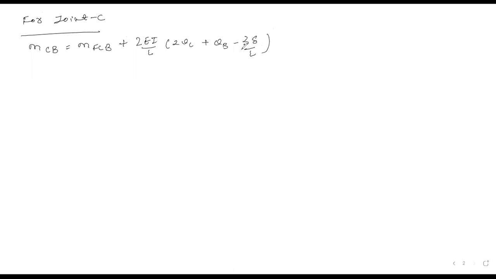Again, your joint C is a fixed one. That's the reason the slope theta C should be 0. No deflection is given. That's the reason delta is 0.